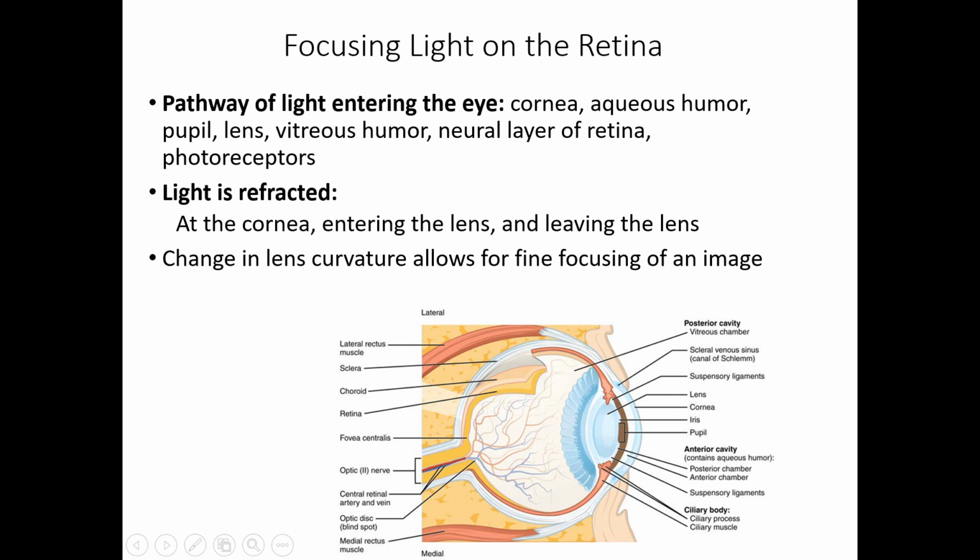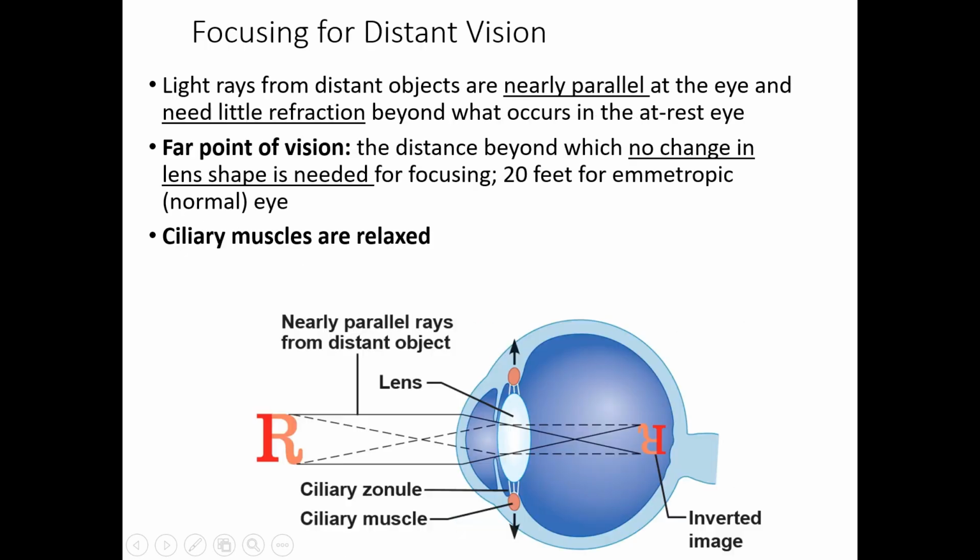And our lens can change its shape, its curvature a little bit to allow the light to be focused on the retina. For distant vision, how our eyes adjust.